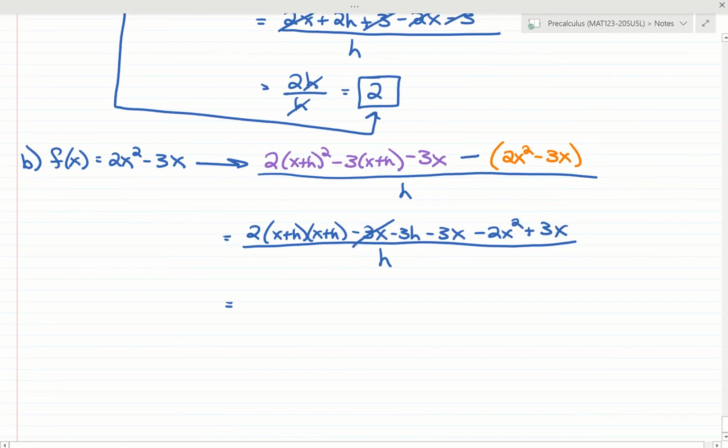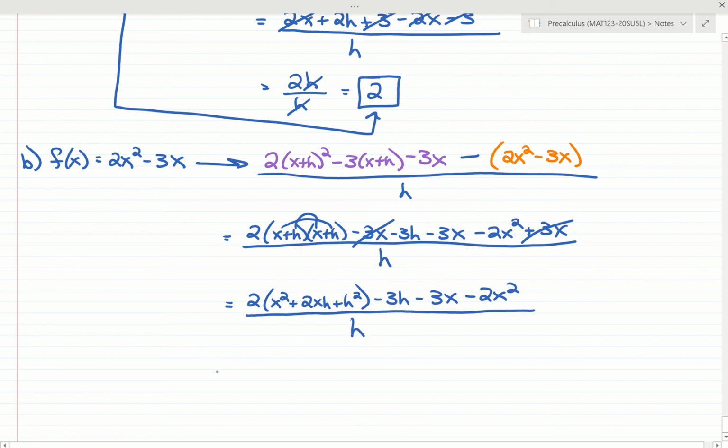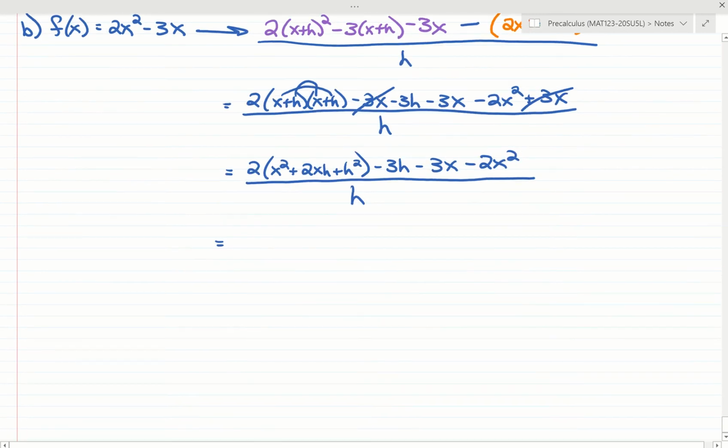Well, I could cancel these off first, right? This is going to be 2 times x squared plus xh plus xh is plus 2xh plus h squared, minus 3h minus 3x minus 2x squared over h. Let's distribute and try to clean it up a little bit.